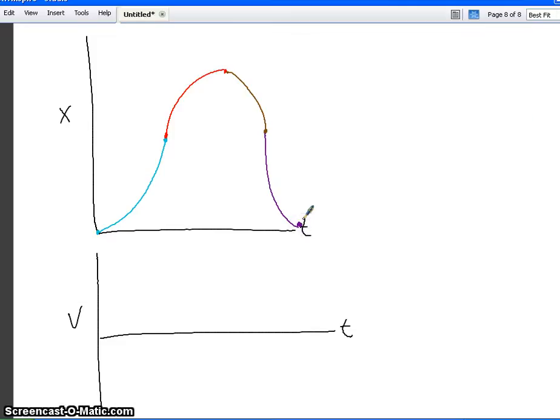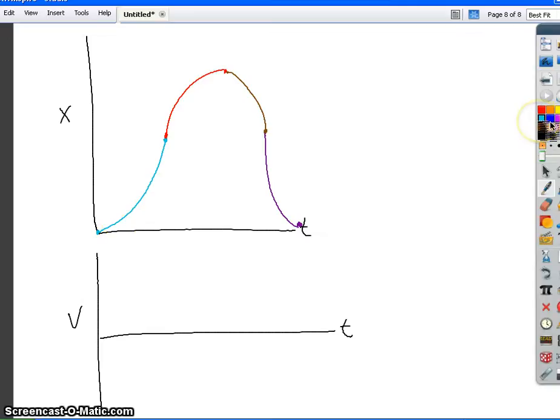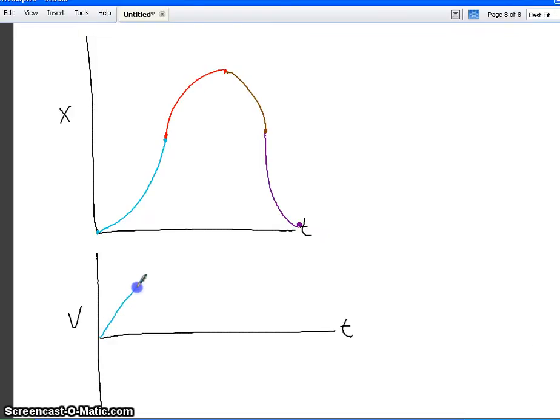Okay, so this part right here, this is an object accelerating, and so the velocity is constantly going to increase. So we're going to have a straight line moving up. Now here, the velocity is decreasing until it reaches 0.